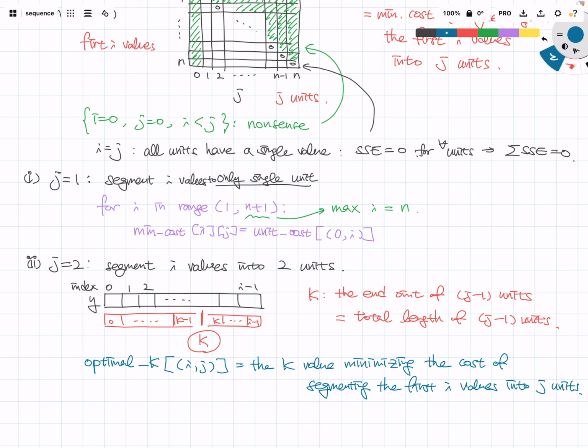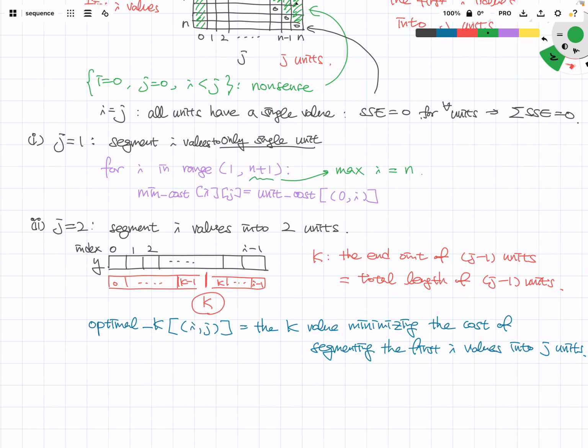the answer yet. But assuming we found the minimum cost of i and j, there should be a k that resulted in that minimum cost. So we have some pair, minimum cost i and j happens at optimal k.